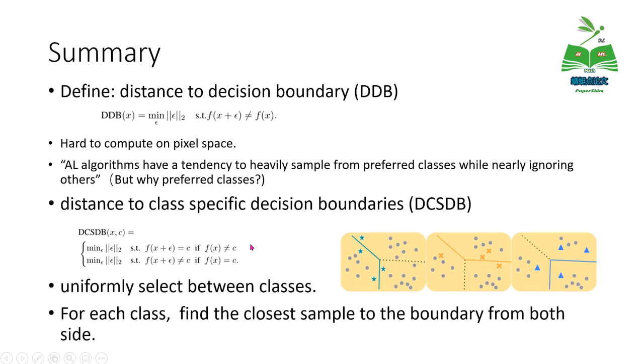Okay, summary, but I'm not sure how much you know about active learning. So we know that in active learning, we have a small labeled set and a large unlabeled data set. Then we need to select samples from the unlabeled dataset.